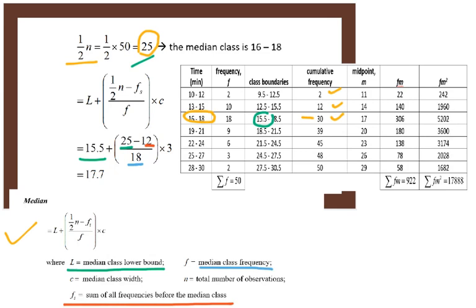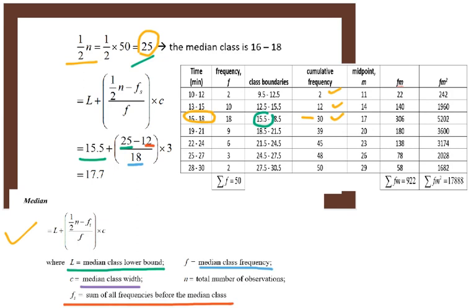The C in the formula booklet says that C is the median class width. For the median class width, you can use two methods to calculate: you can use the limit, or you can use the boundary. If you use the limit, upper limit minus lower limit plus 1, which is 18 minus 16 plus 1, so you will have 3.